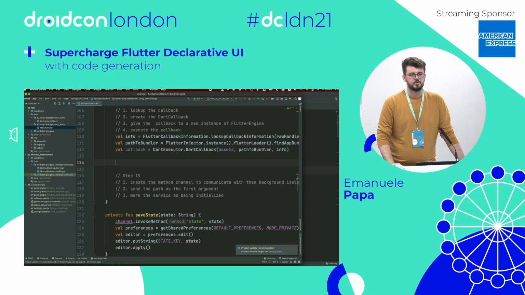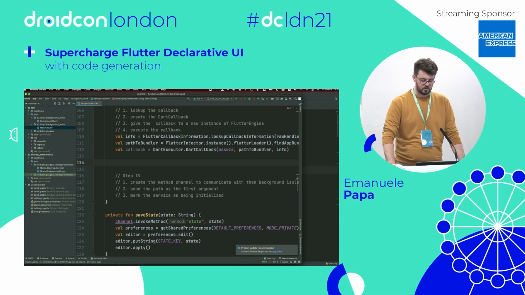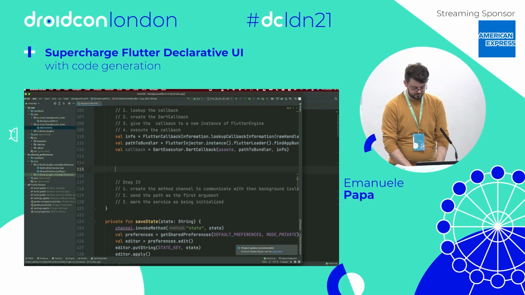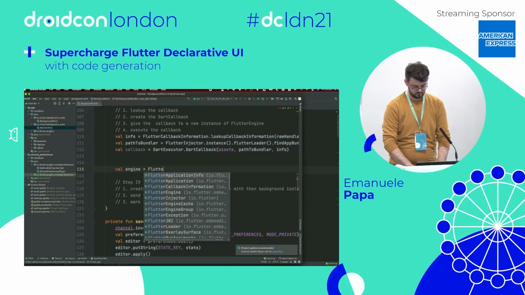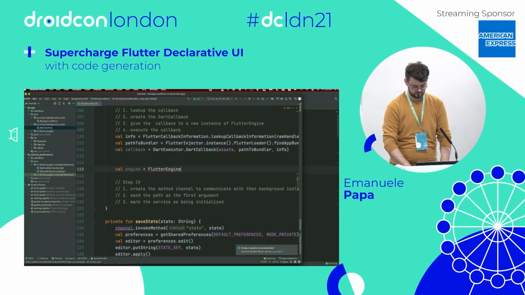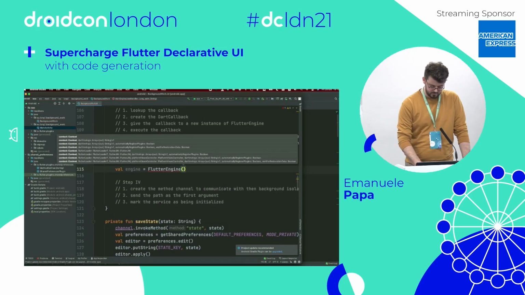Again, this contains all the information needed for the Flutter engine to basically start executing that code. So let's create a Flutter engine. What do we need here? The context.